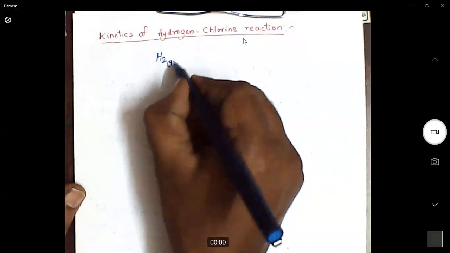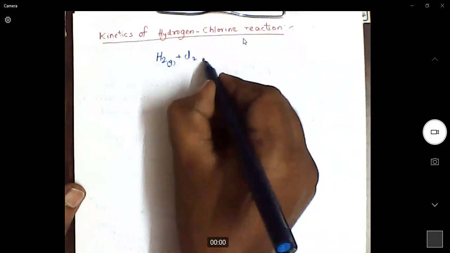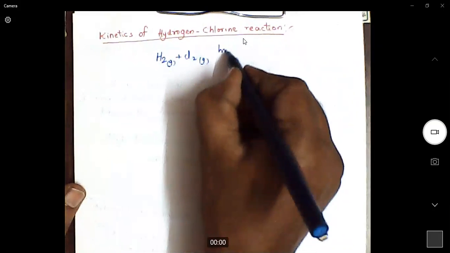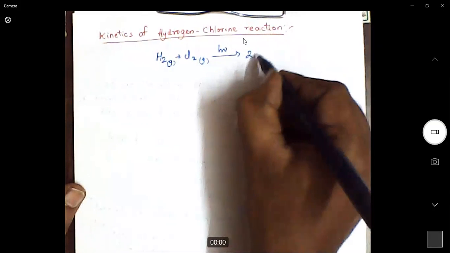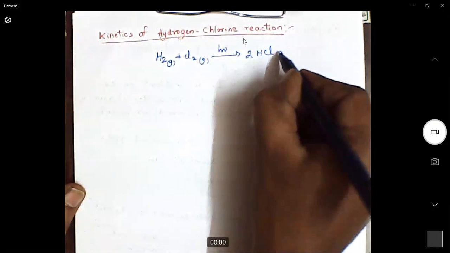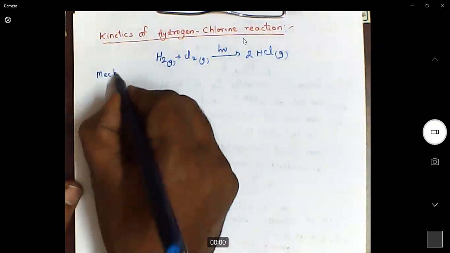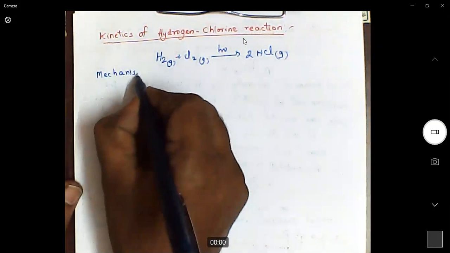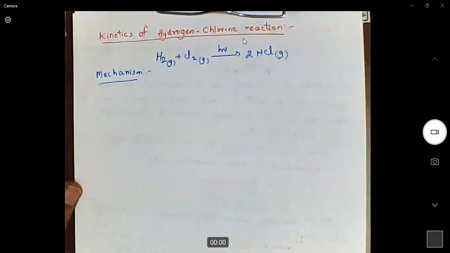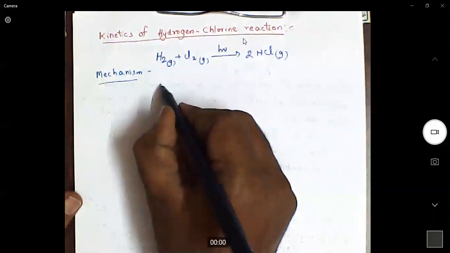Hydrogen gas will react with chlorine gas in presence of light to give HCl gas. This is the reaction. Now when we look at the mechanism, there are different steps.